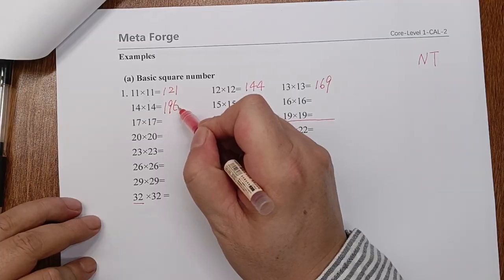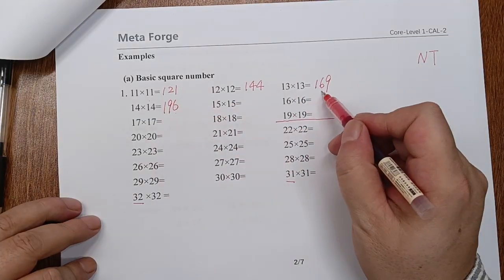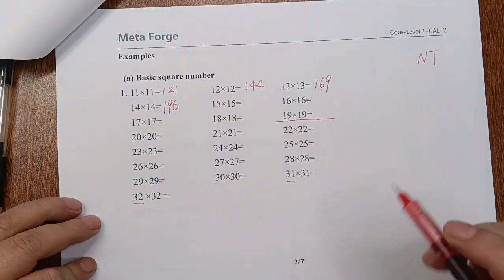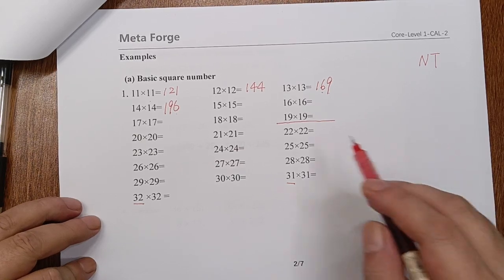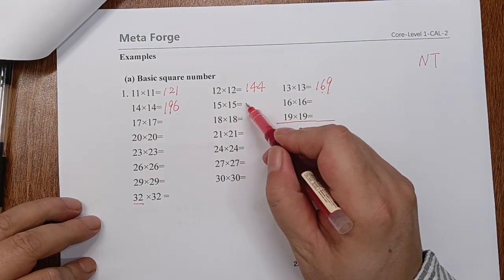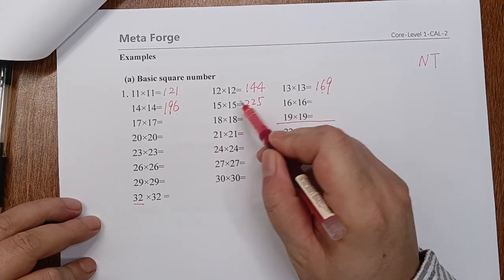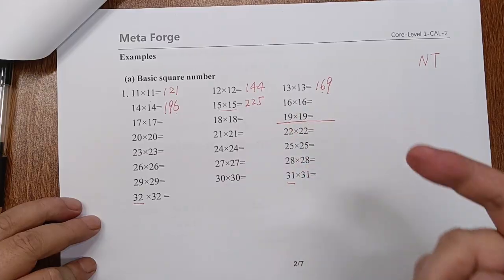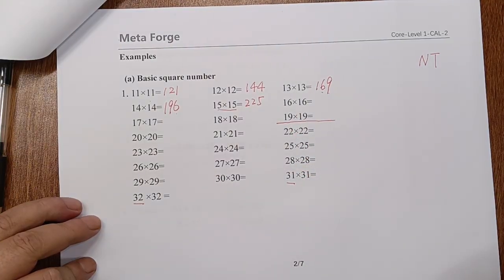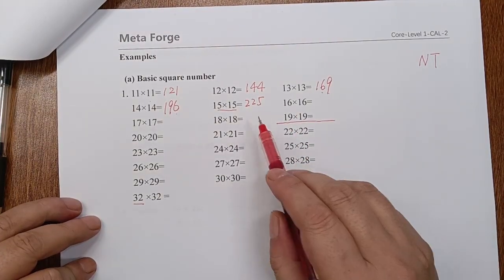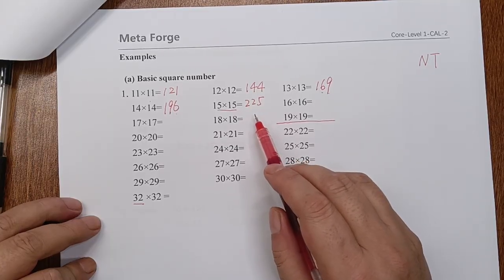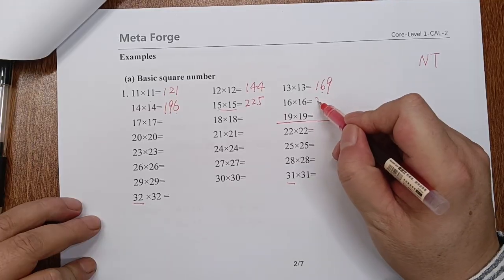The last two digits are reversed. Here, 15 squared is 225. We will study it a little later in this session. It's very interesting and very important.